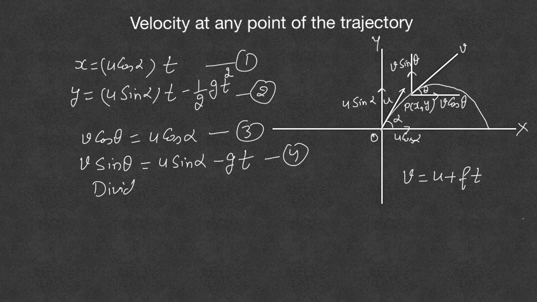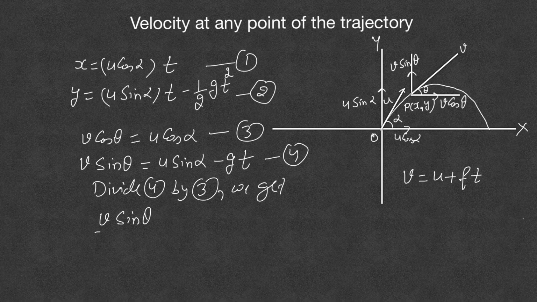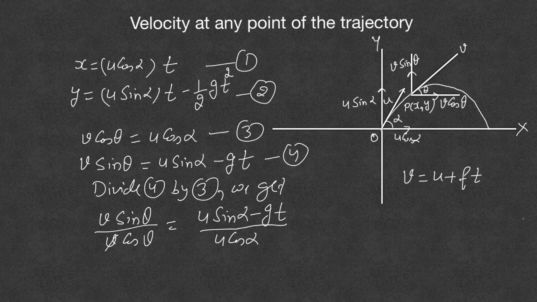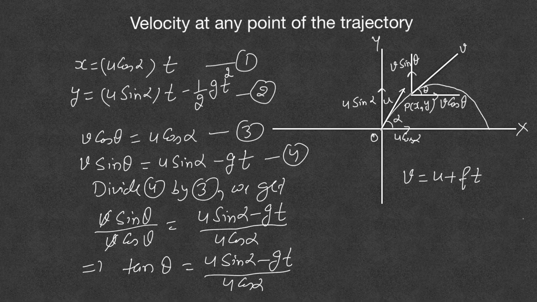Dividing 4 by 3, we get v sin theta upon v cos theta is equal to u sin alpha minus gt upon u cos alpha. V will cancel out. This implies that tan theta is equal to u sin alpha minus gt upon u cos alpha.